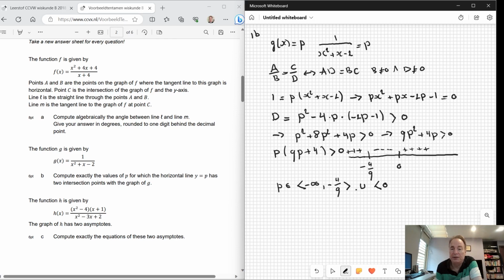So these brackets indicate that it's not including 0. So for these values of p, this function has two solutions.